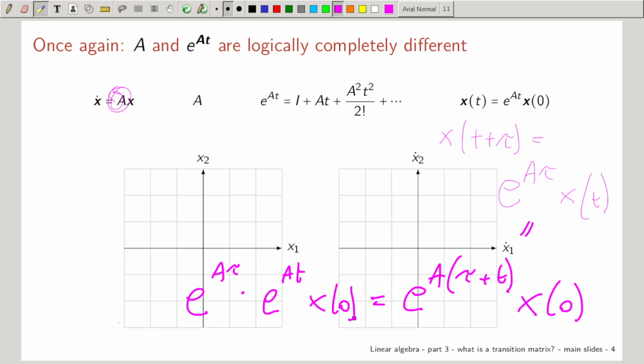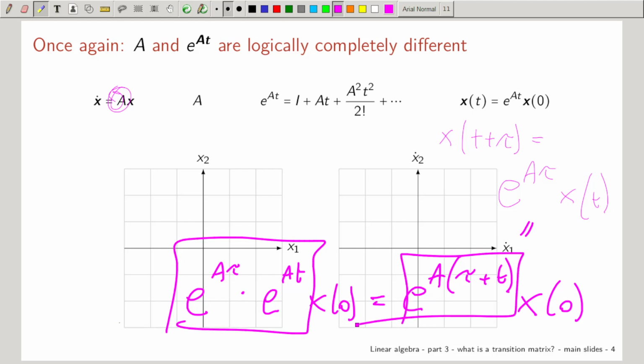And that one is the condition that we wanted, that defines the matrix exponentials. True? Okay? You see, that is the time invariance. That is the time invariance. Okay?